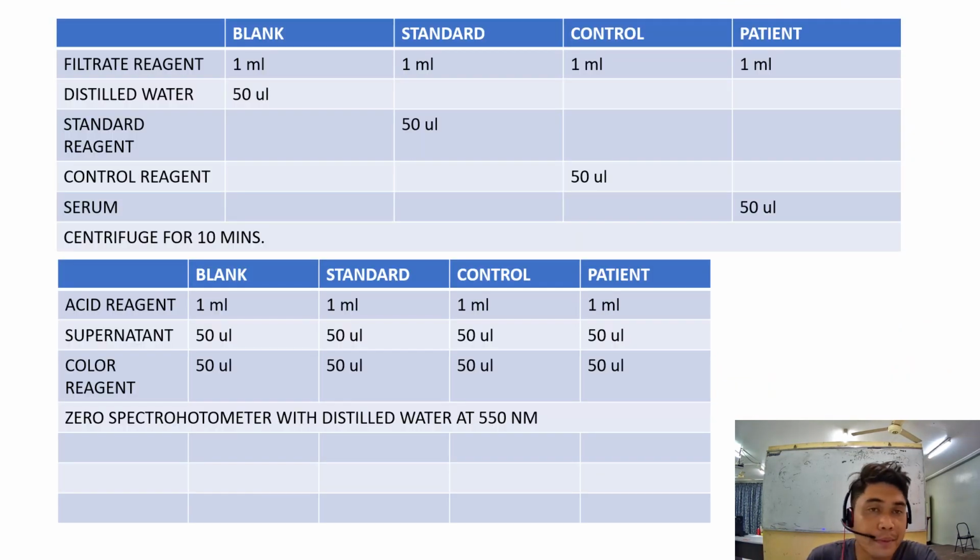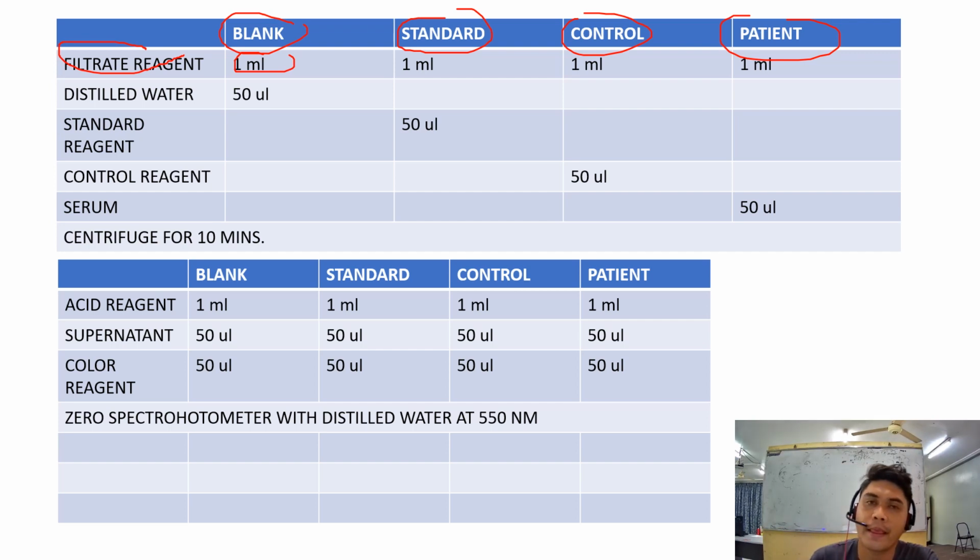So for the preparation, you need 4 test tubes: one for blank, one for standard, one for control, and one for patient or specimen. For the 4 tubes, you add 1 ml of filtrate reagent per tube. The filtrate reagent contains uranyl acetate and magnesium acetate.